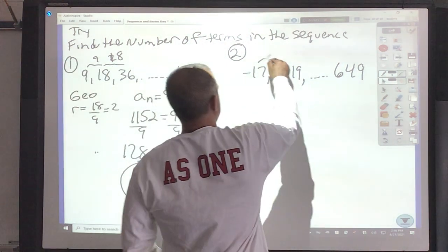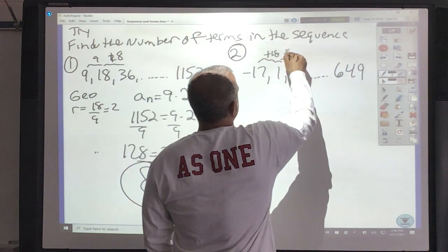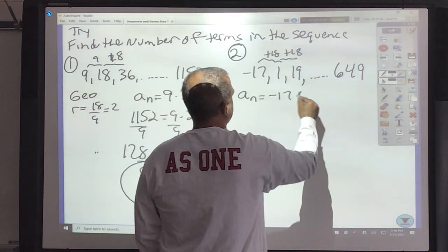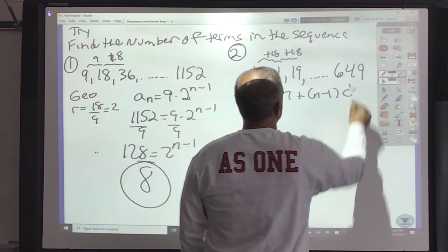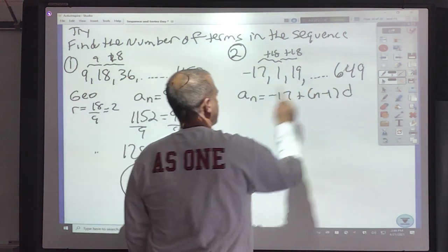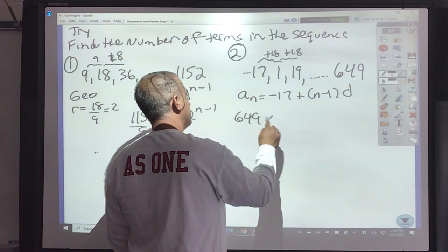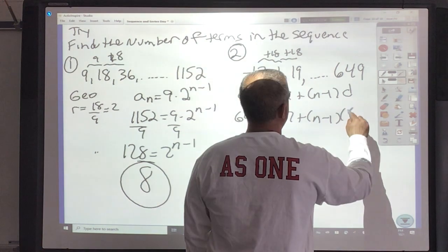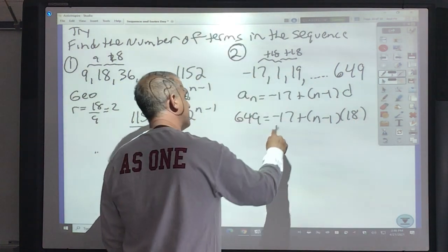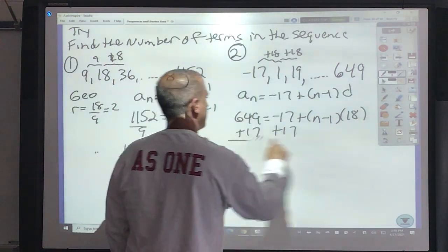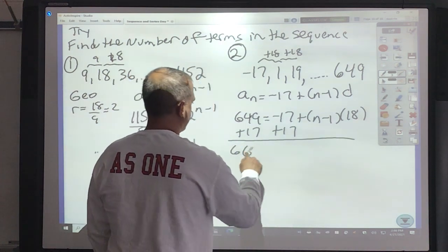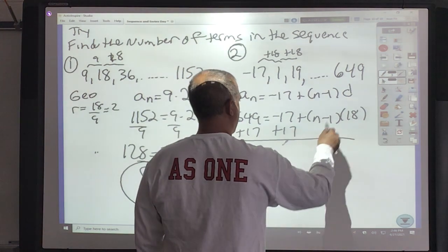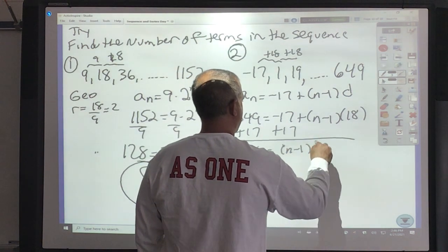This one, I'd be adding 18, adding 18. So this is an arithmetic. So I got negative 17 plus n minus 1 times d. I know that 649 is the last term, and the difference was positive 18. So what I want to do is add 17, that's going to be 666, equals n minus 1 times 18.